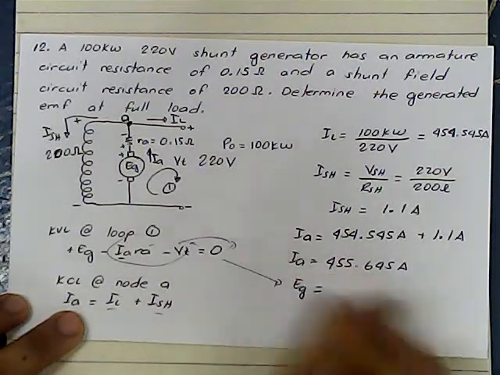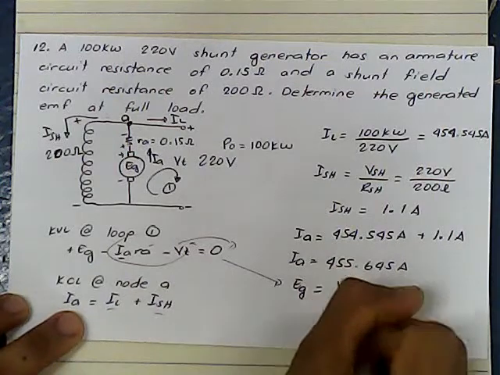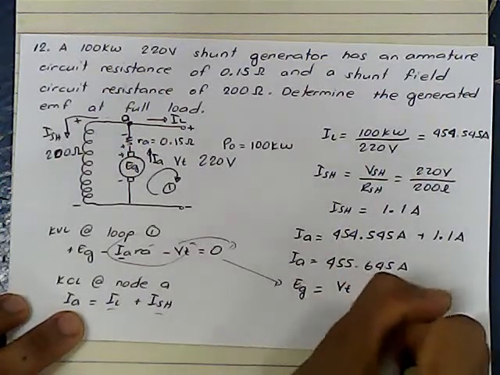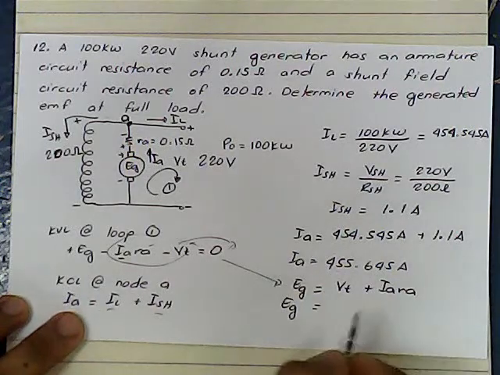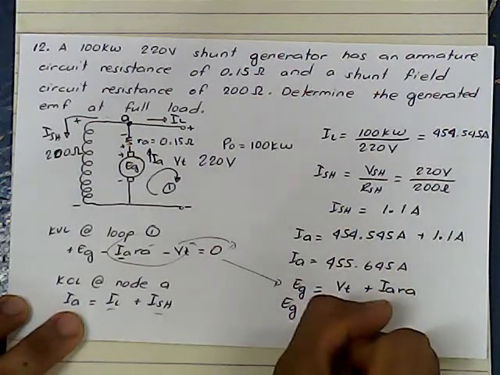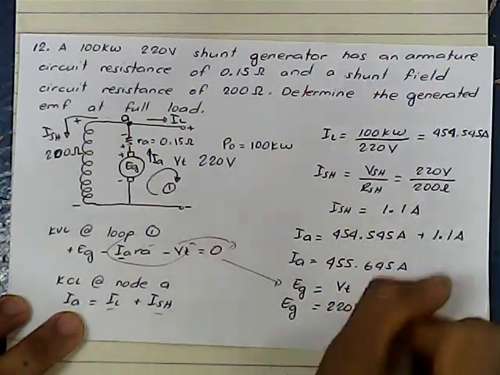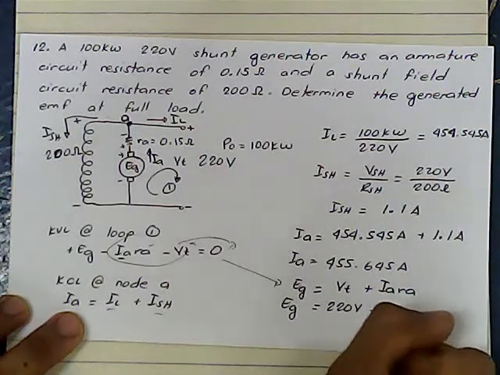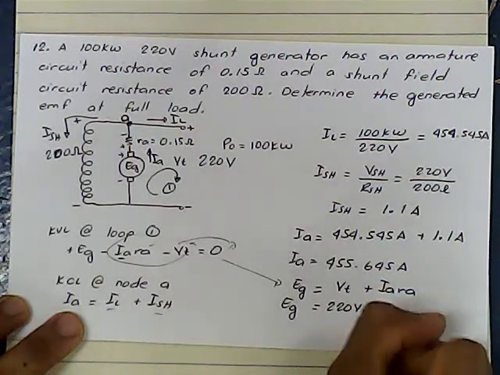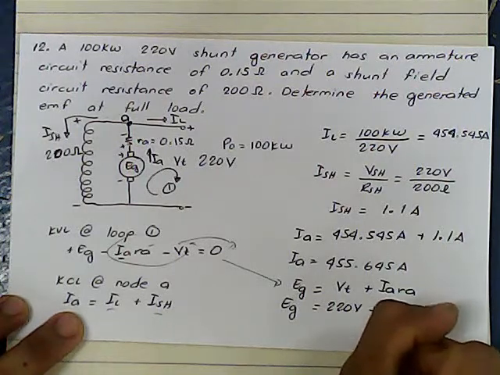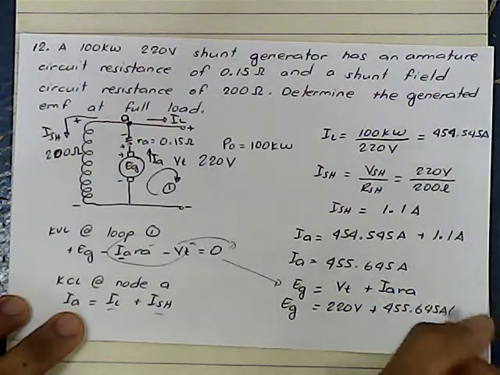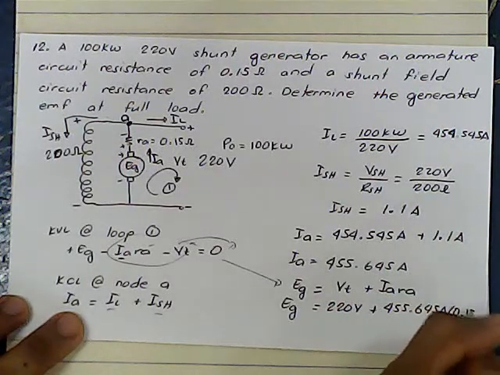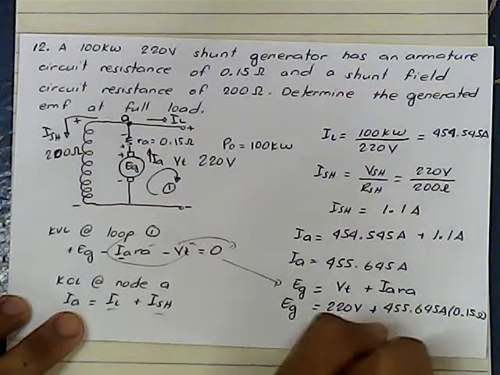Again, from this equation, let's transpose these two to the other side so they become positive. EG, therefore, is equal to VT plus IARA. Therefore, EG, terminal voltage is 220 volts plus the IA, which is 455.645 amperes, multiplied by 0.15 ohms.